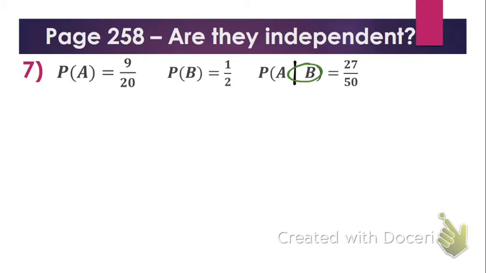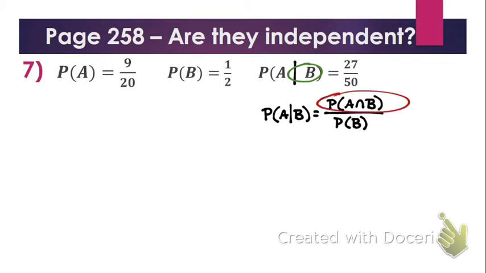We wrote down a rule for this the other day. The probability of A, if I already know that B happened, is the same thing as the probability of A and B, the intersection, divided by the probability of just B. Do we have this information?